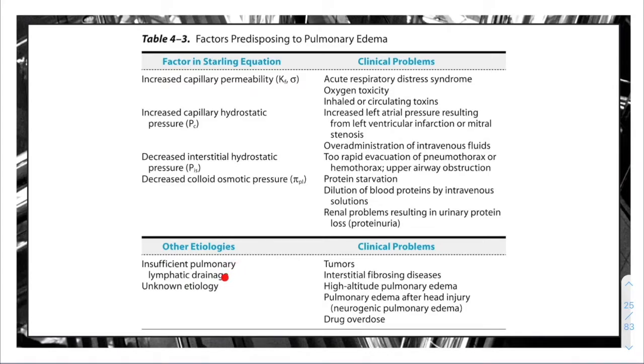So if there are problems in the lymphatic drainage, secondary to tumors, interstitial fibrosis diseases, or other conditions, this may lead to effusion. Unknown etiology, like other conditions that may lead to pulmonary edema when you're exposed to high altitude pulmonary edema, or pulmonary edema after a head injury or drug overdose.